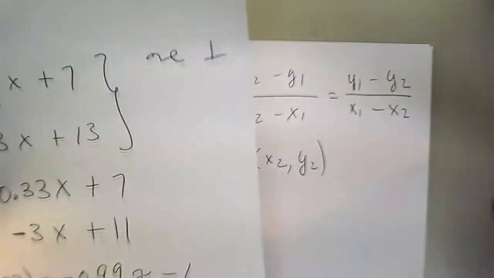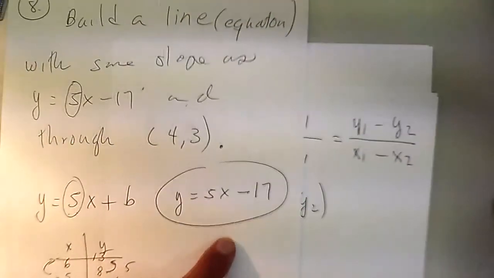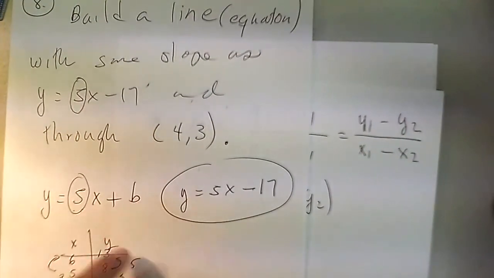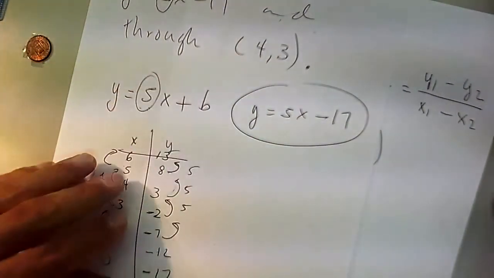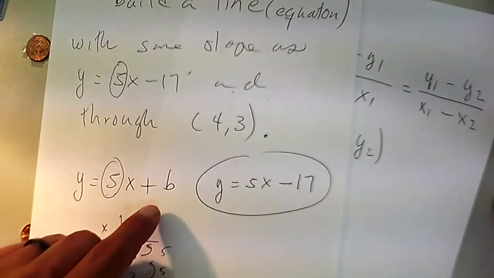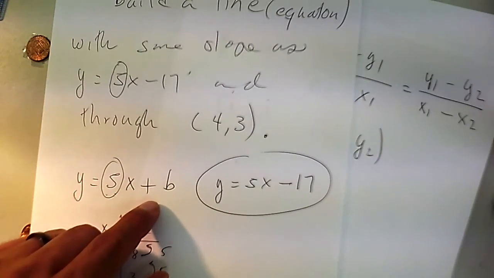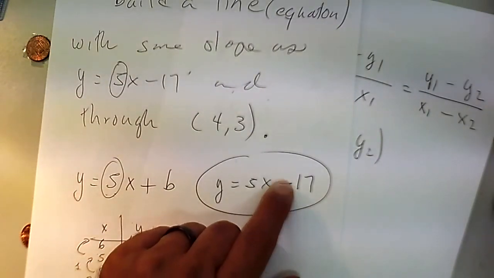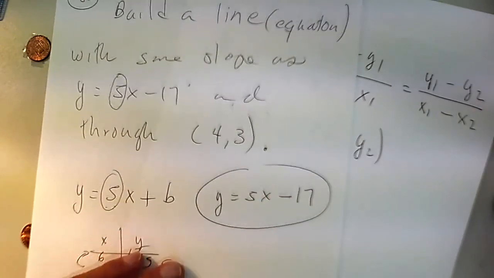So for instance, let's say I make a mistake in my computation. By the way, we did not use algebra to find this b. We just used a table. Let's say I use algebra and I make a silly computation error, and I put plus 17 here instead. Okay.